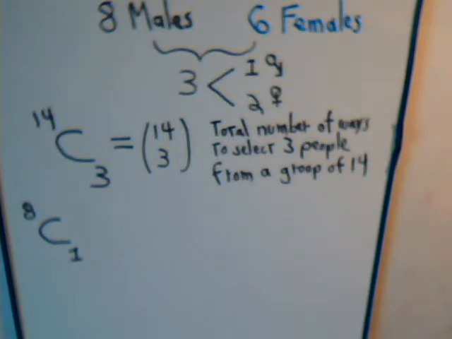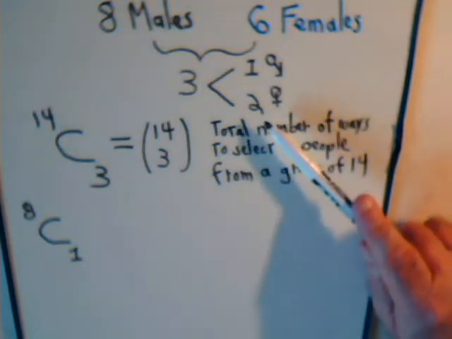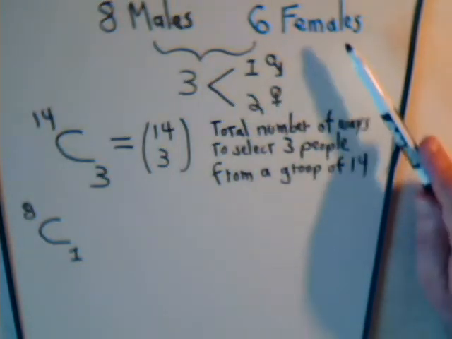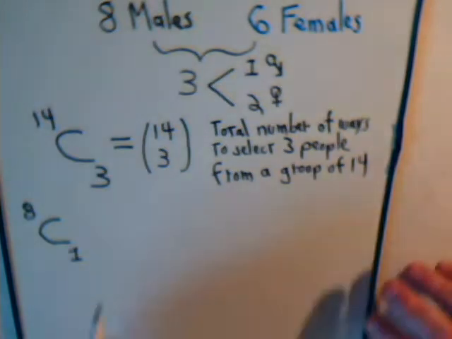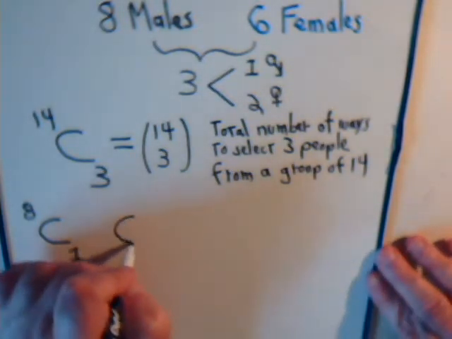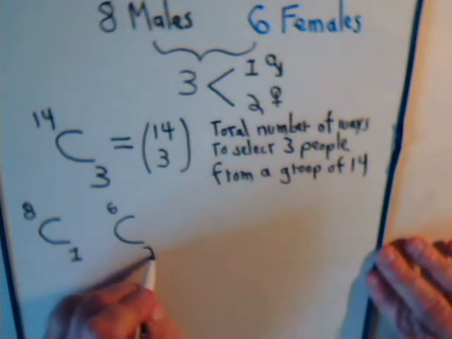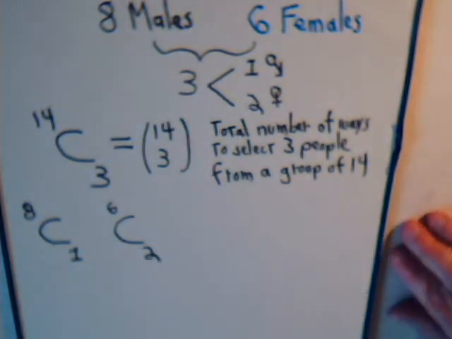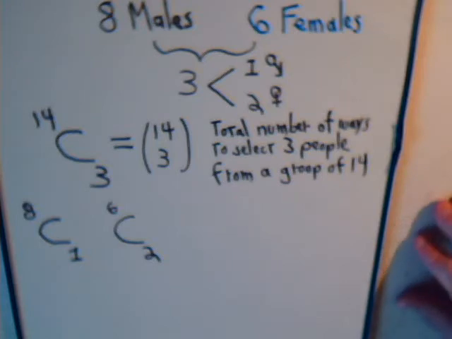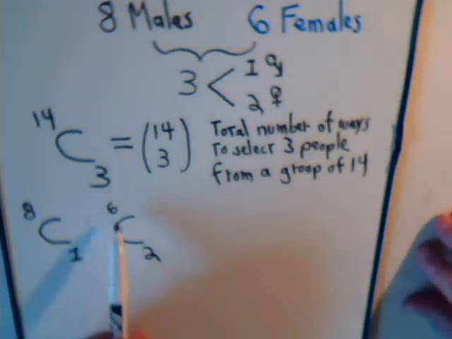How many ways can we select 2 females? Well, there are 6 females in the group, so from the 6 females, we're going to randomly select 2 of them. The order in which we make the selection has no relevance at all, so this would be the total number of ways that we can select 2 females from the 6 females that comprise the group.